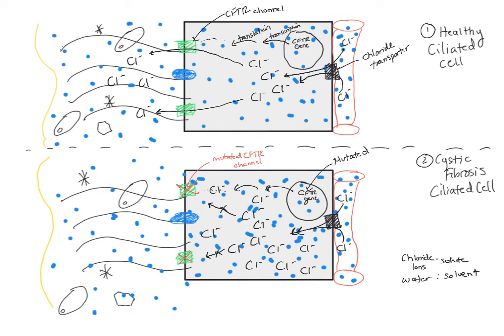If you remember from the osmosis video, a situation where there is a lot of solute we call hypertonic, and when there is a low amount, we call that hypotonic. And water is going to move in a specific direction in order to restore balance, or isotonic situations.